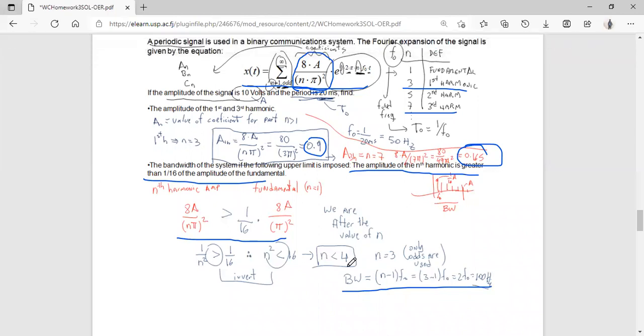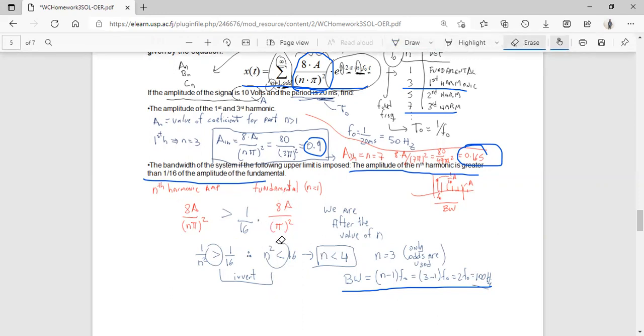Since n has to be less than 4, and based on the statement that n takes all odd values starting with 1, the immediate n value would be 3. So we take n is equal to 3. When you solve this equation, we get n is equivalent to 4.